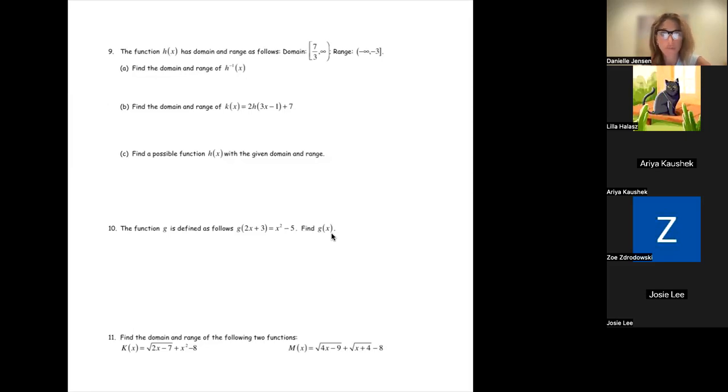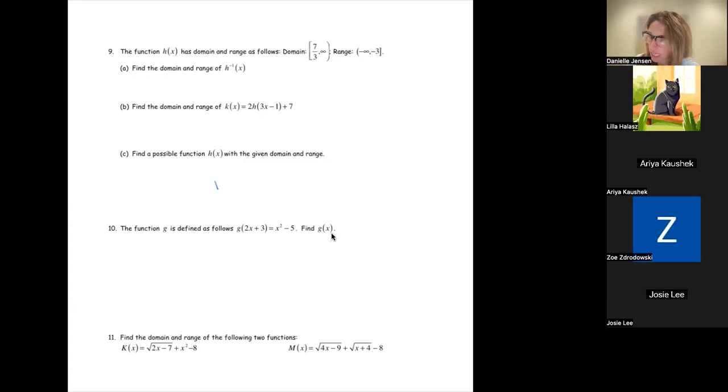So again, I start with the domain and I realize I'm only dealing with 7/3 to infinity. That must mean I have something under a square root. There are multiple ways you could make what's under the square root end up being 7/3 to infinity. I always start there.